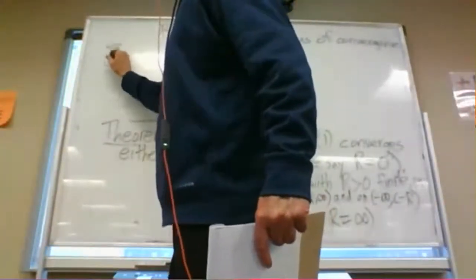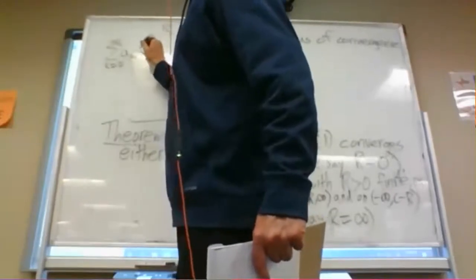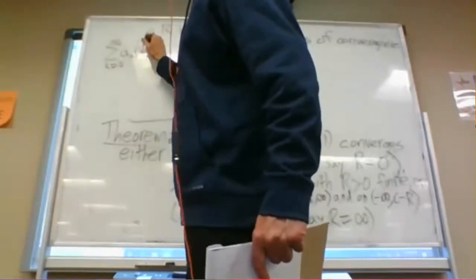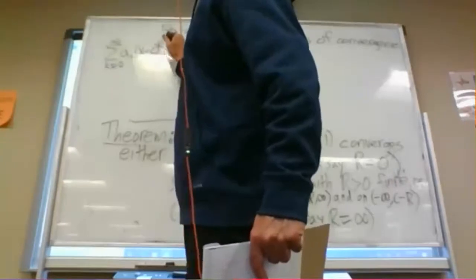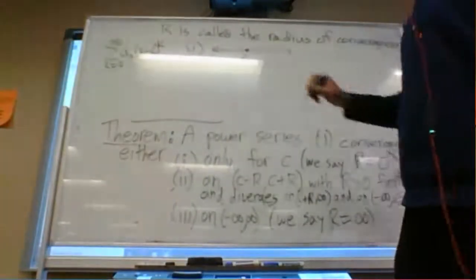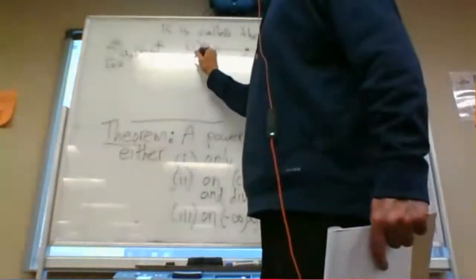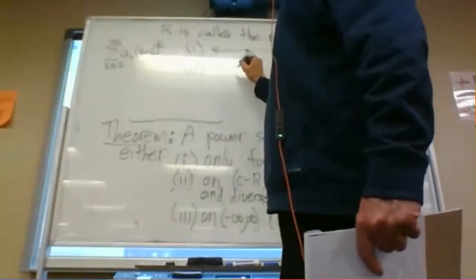Case 1: there's a number c that's in the series, right? You write, this is what the series looks like. It's the sum k equals 0 to infinity, ak, some list of numbers, times x minus c to the k. And it converges only for c, and it diverges everywhere else for other x values.